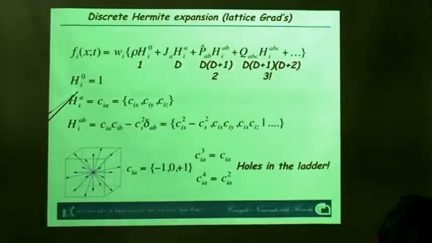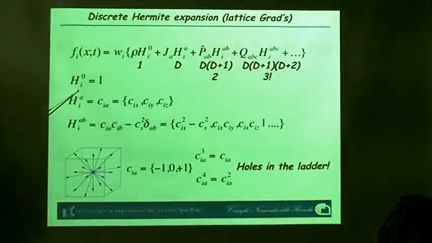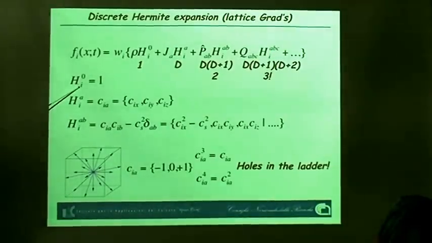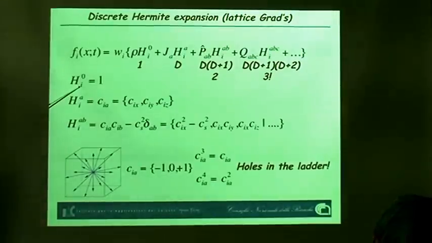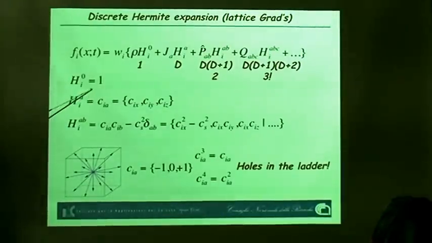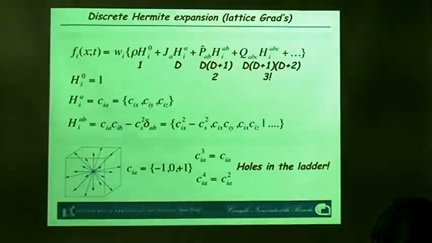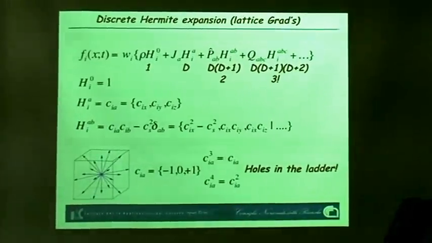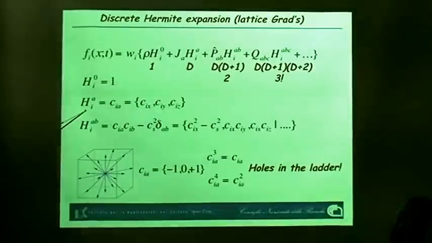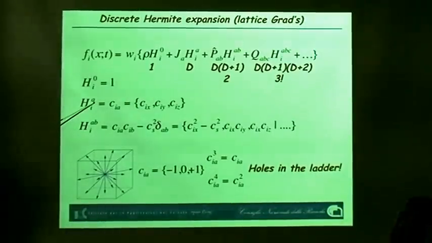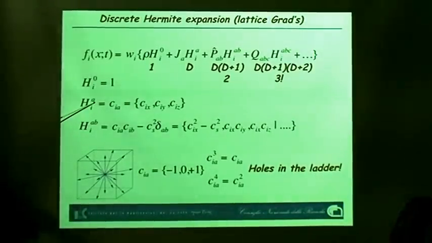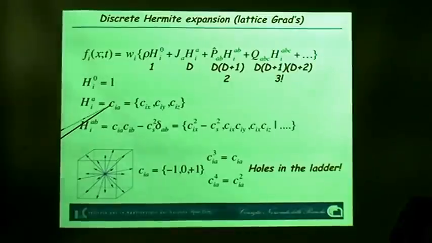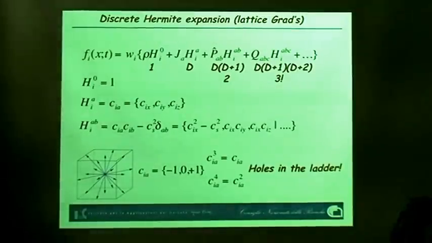So, as you see, here my life is easy. I've just taken i, which means that I'm on the lattice, and H0i is just H0, just the very same. Right? No question. Same game here. I say that H1a, where a labels x, y, z, so we have 3 of them, is a discrete vector c_ia.